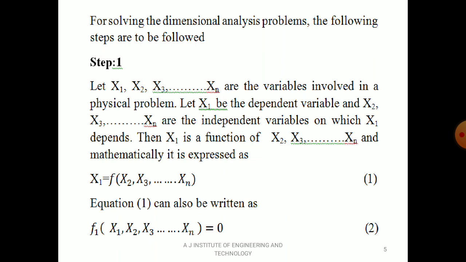So equation 1 is x1 equal to f of x2, x3 up to xn. That can also be written as f1 of x1, x2, x3 up to xn equal to 0. Take it as expression 2.